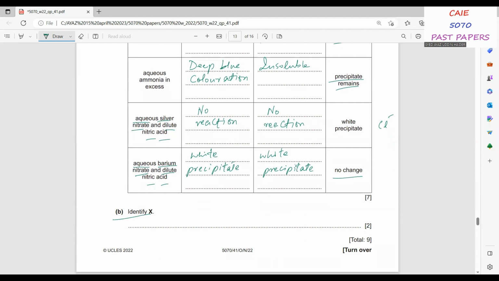So now the identity of X, it must contain Fe plus 3 and Cl negative. So we will write FeCl3, or iron 3 chloride.